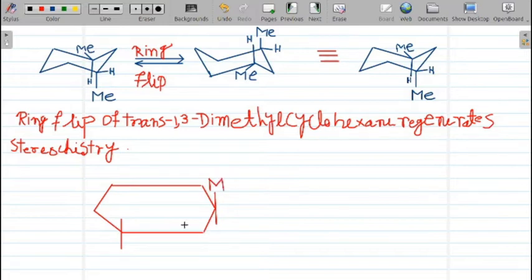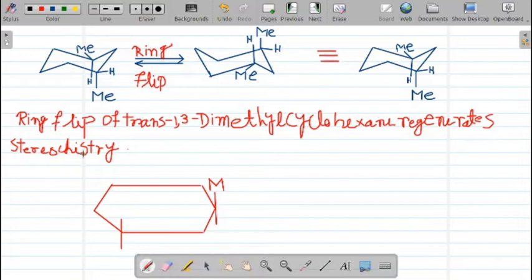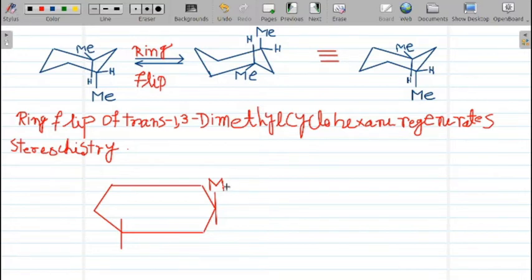So this is a methyl group, this is a methyl group, these two are methyl groups, and these two are hydrogen atoms.